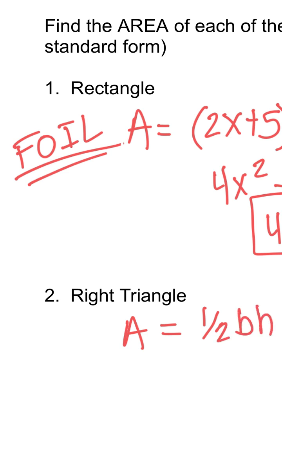So let's do half of base times height. Our base is what? Which side is our base here? Right, this is our base, 3x minus 2. And which one is our height? Our 6x is our height.